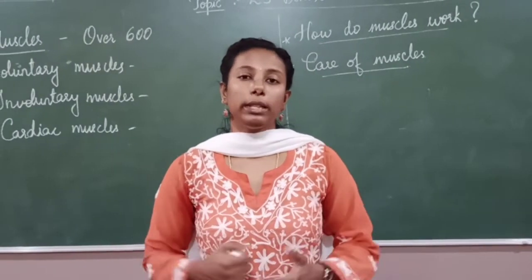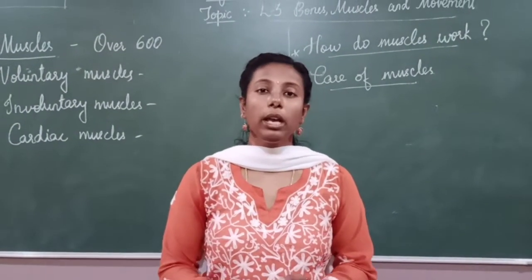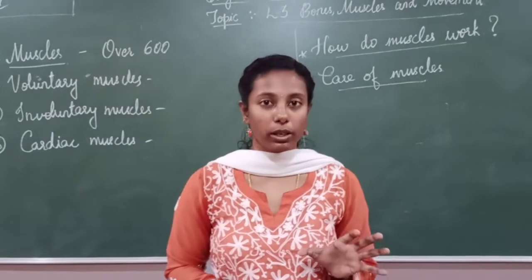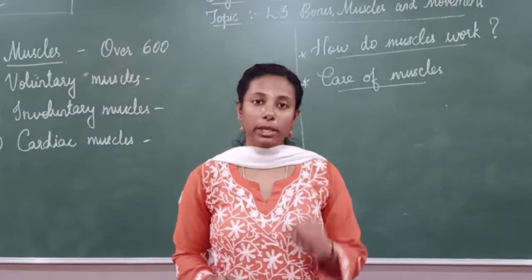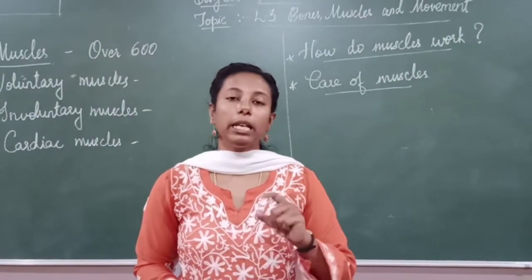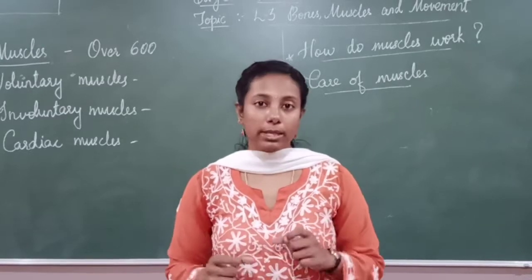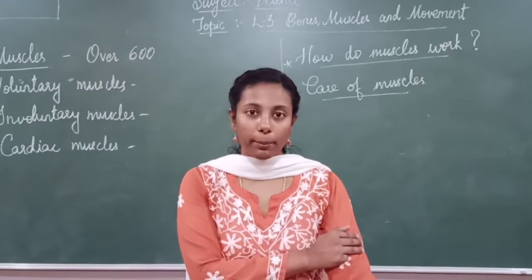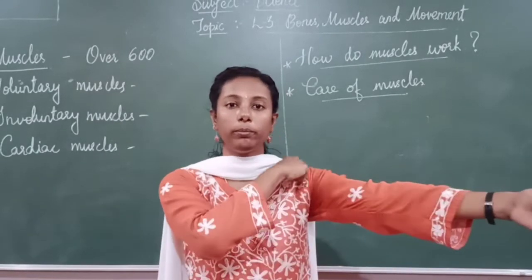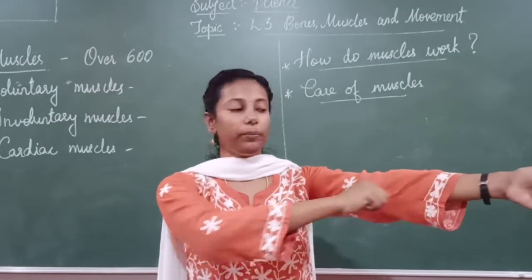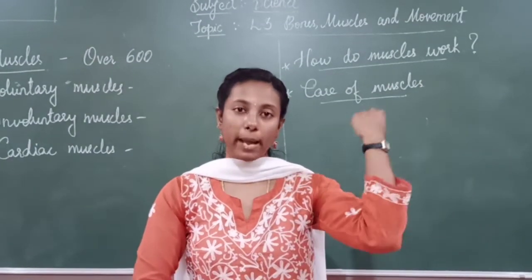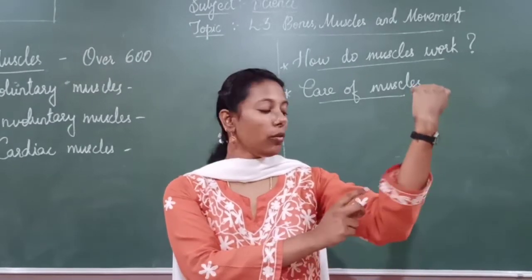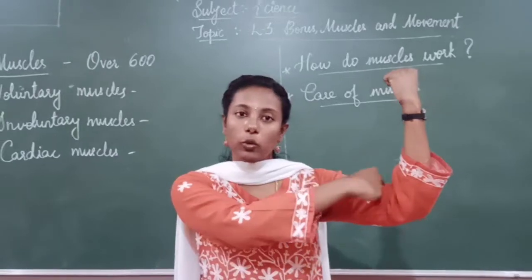Now, how do these muscles work? We cannot simply push a muscle for it to work, right? For a particular movement to happen, it requires two muscles. For example, your arm, from here to here. If you want to bend your arm, to lift your forearm, you will get a bulge over here.